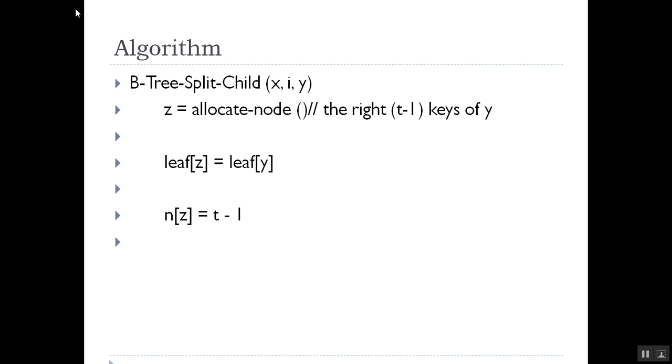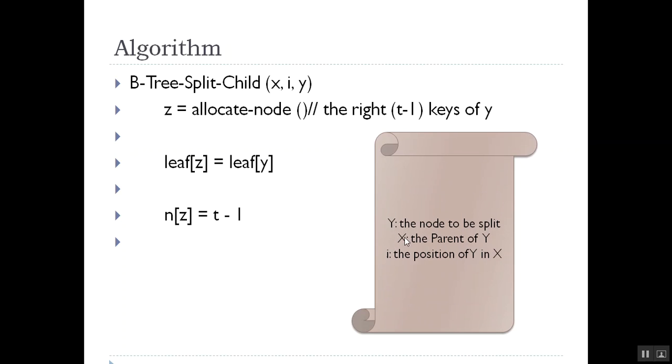So I am now going to explain the algorithm of split child. First, we have to remind that x is the parent of y, y is the node to be split, and i is the position of y in x, which means that y is the ith child of x.